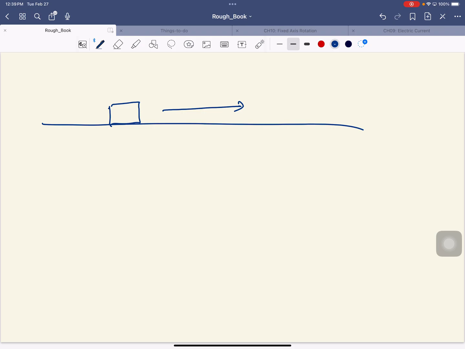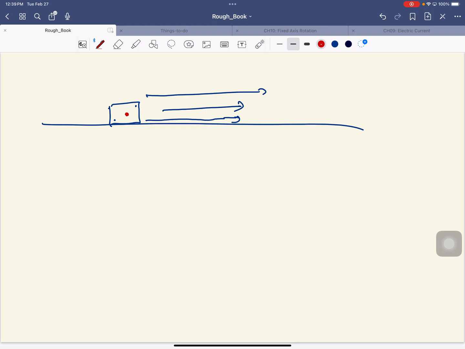But the thing was, every point, when this point traveled a certain distance and had a certain velocity, this point traveled the same distance and had the same velocity. So what we could do was treat this as a point object.